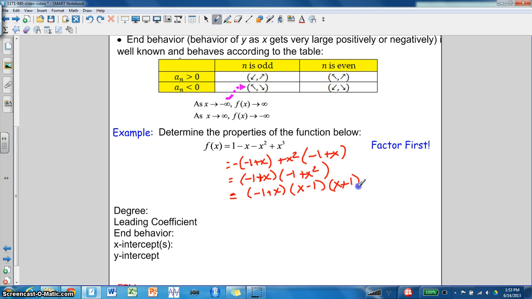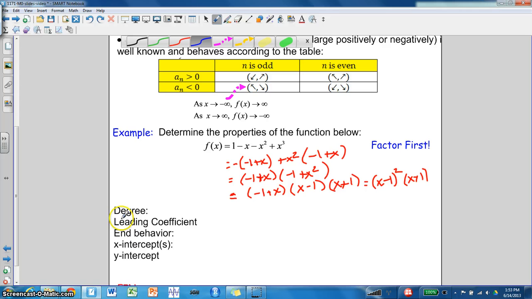It's a difference of squares. And so I can condense that all into x minus 1, and I have 2 of those, so I'm going to have an exponent of 2, and then x plus 1. So that's as far as I can factor it down. Once you get to binomials or a polynomial of degree 1, that's usually as far as you can factor.